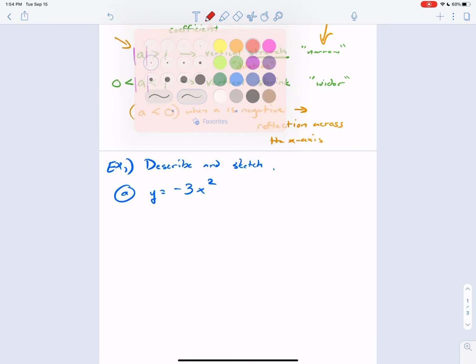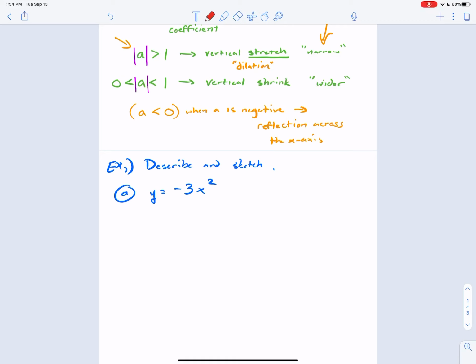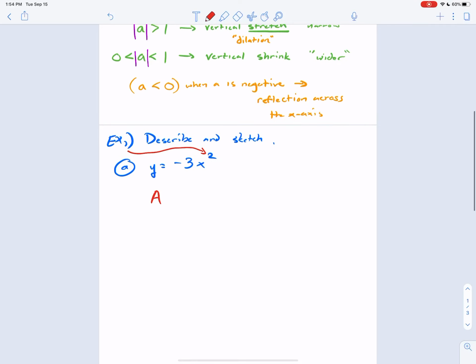A good place to start is, well, do you know what kind of picture you have? What type of shape do we have here? So based on the degree, we could tell that we're going to have a parabola. Okay. Now, does this parabola translate anywhere? If you notice, there's no h and there's no k value here. So there is no translation.